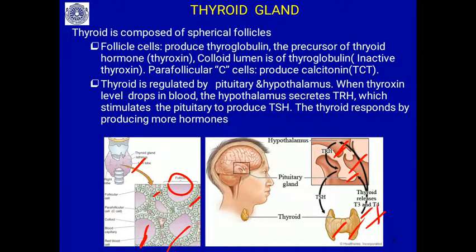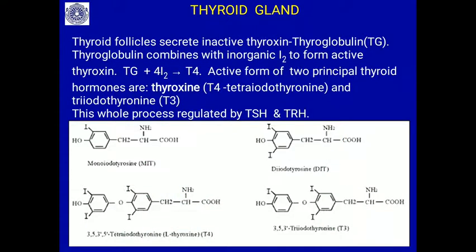Their low level stimulates the release of TRH, then TSH, thereby stimulating the thyroid. So the thyroid gland is regulated by the hypothalamus and the pituitary.